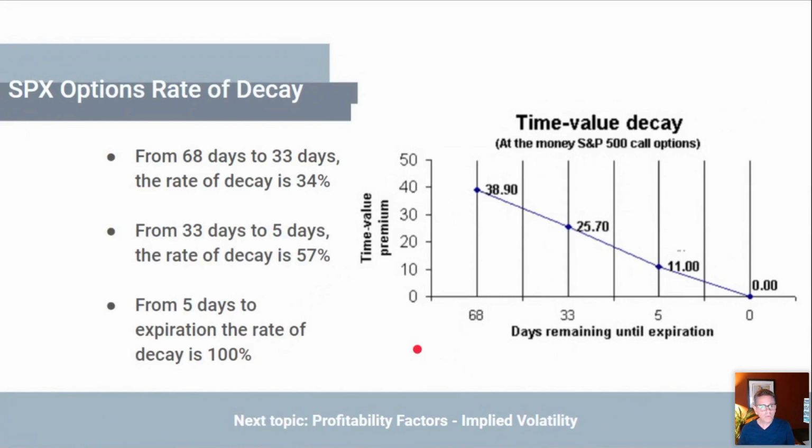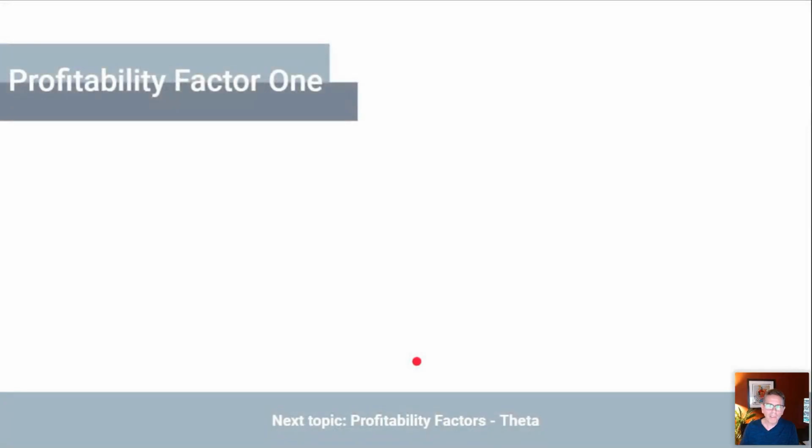So the greatest rate of change happens in the last 5 days of an option. And if we're talking about 5 days, you go to 0 DTE, that's an even much faster decay, because by the end of the day, that option is gone. And so that's why there's a lot of popularity with 0 DTE.